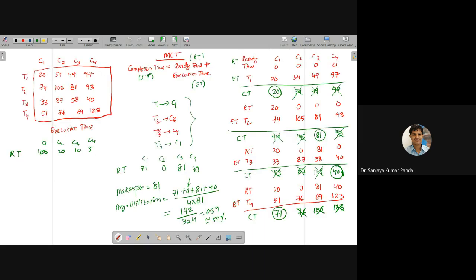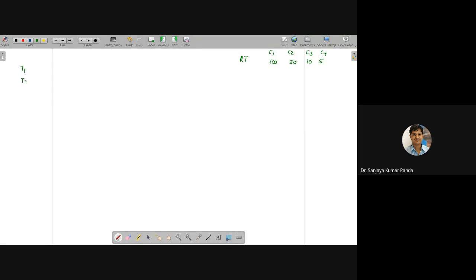And T1, T2, T3, T4 on the 4 different cloud entities, whatever we have taken, are 20, 54, 49, 97; 74, 105, 81, 93; 33, 87, 58, 40; 51, 76, 69, 123. So please solve this problem and let me know what is the makespan. This is MCT only. You calculate the makespan.